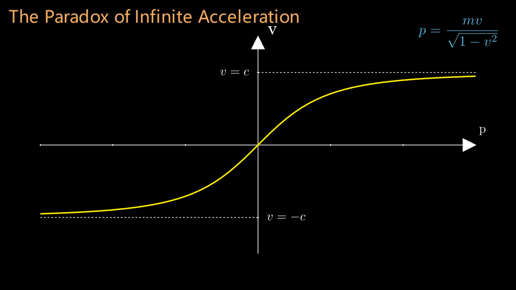When a particle is subjected to a constant force, according to dp by dt equals force, the momentum changes at a constant rate. In this process, the momentum tends towards infinity, and the corresponding velocity approaches the speed of light, but can never reach or exceed it. This is the explanation for why the speed of light cannot be surpassed based on the relativistic momentum formula.